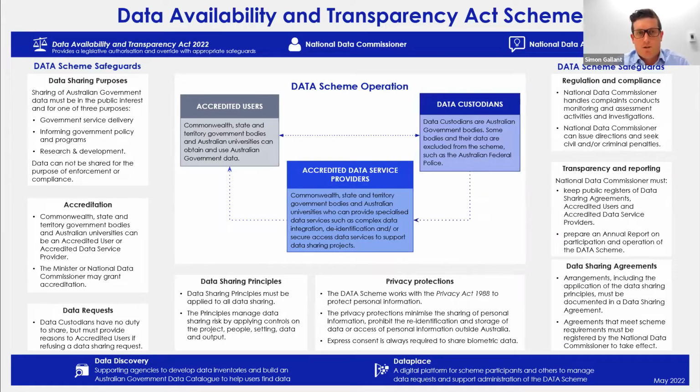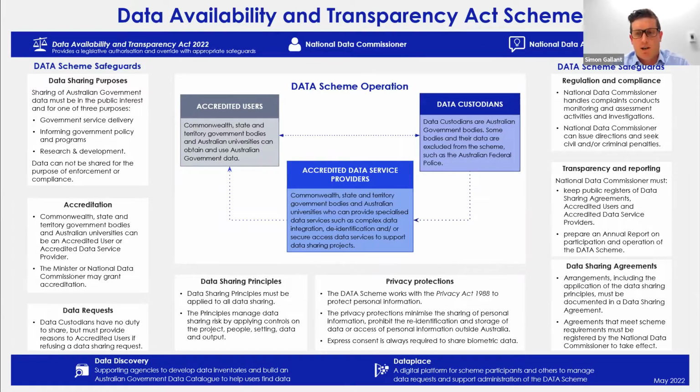The first thing to take note of is the top blue bar that includes the Act and the Commissioner and the Advisory Council. That is essentially the governance of the scheme. So the Act provides that legislative authorisation and override that I discussed before, and sets out what the appropriate safeguards are for sharing data safely.